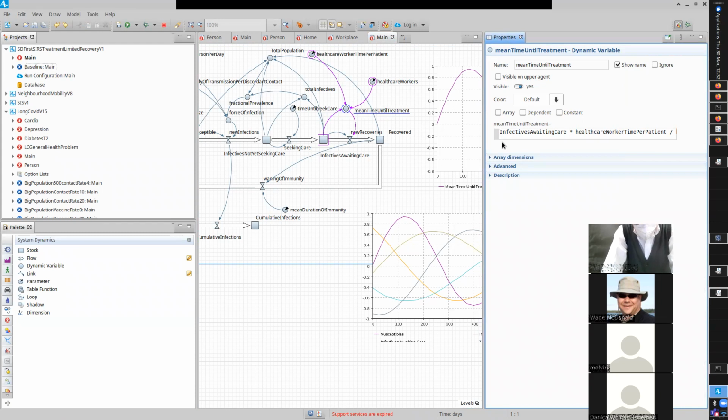Say no shorter than the healthcare worker time per patient. Yeah. So at least it has to be the amount of time you spend with a healthcare worker. So I'm going to say the maximum of healthcare worker time per patient and this thing.